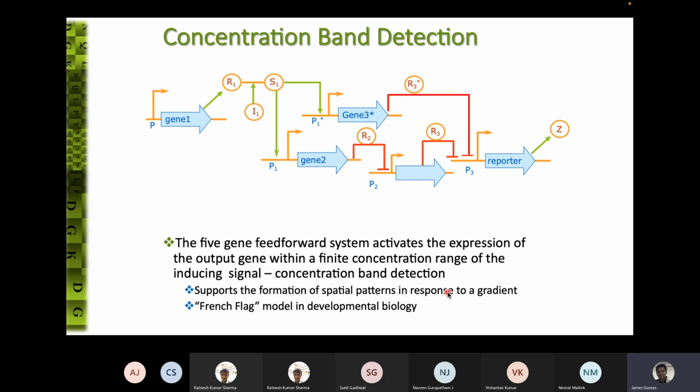So what is the meaning of this? It means that this circuitry will respond and give you Z only if the rate at which this is getting inhibited, as well as this rate that's coming here, both of them are in a certain zone of values. Only then will it give you that. Else it will not respond.